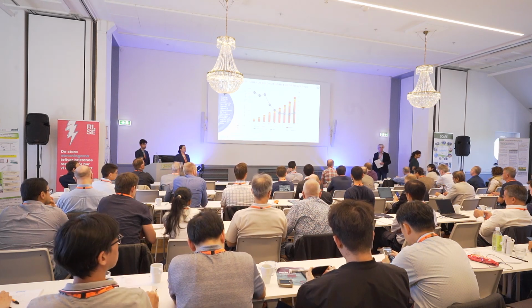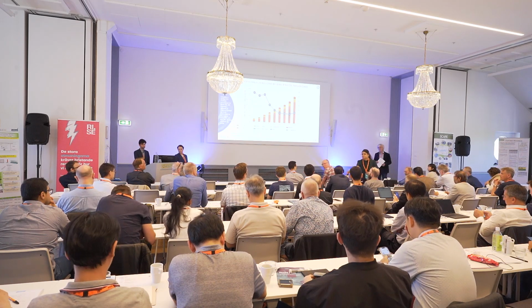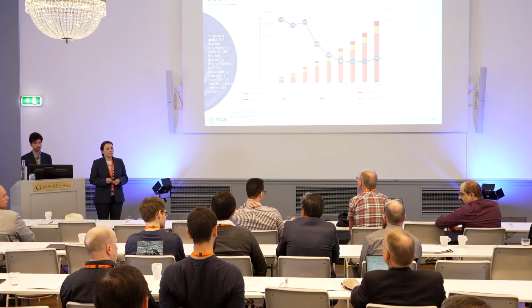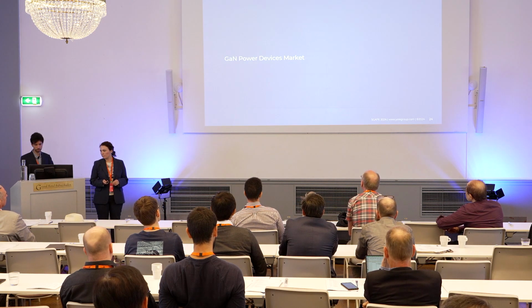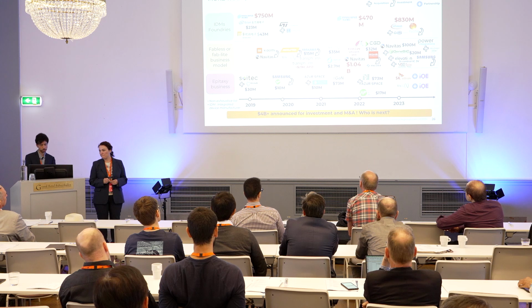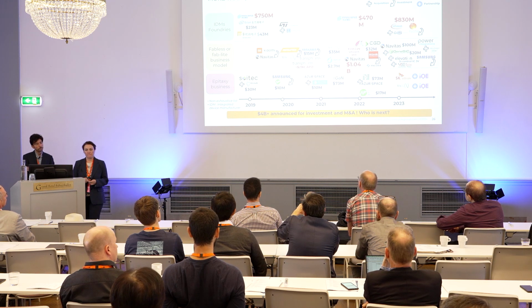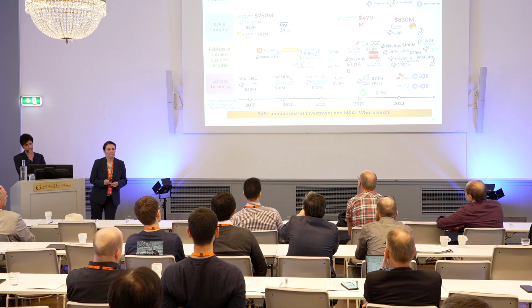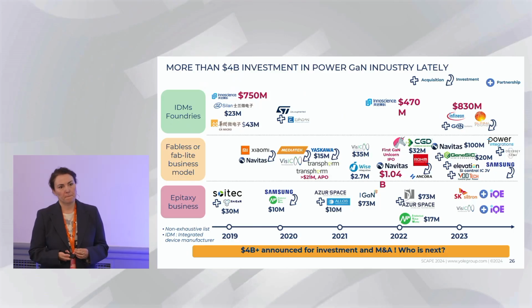There's a question, yes. Thanks for the great presentation. You showed the first unicorn gallium nitride company. The question is about the type of investment that goes into this. Is it based on the profits of the company, or is it based on the growth?